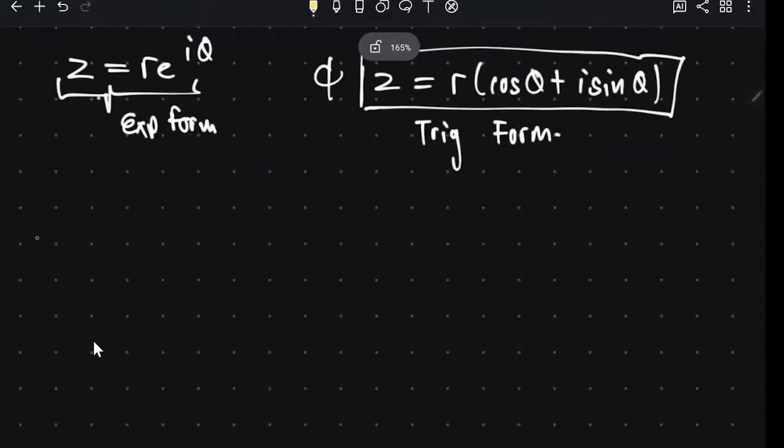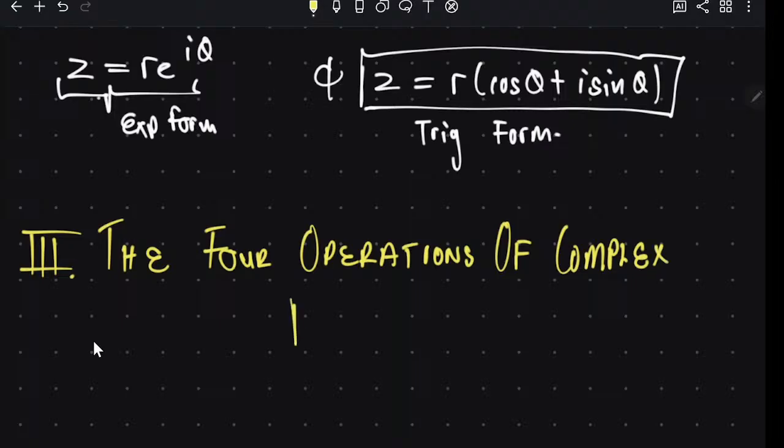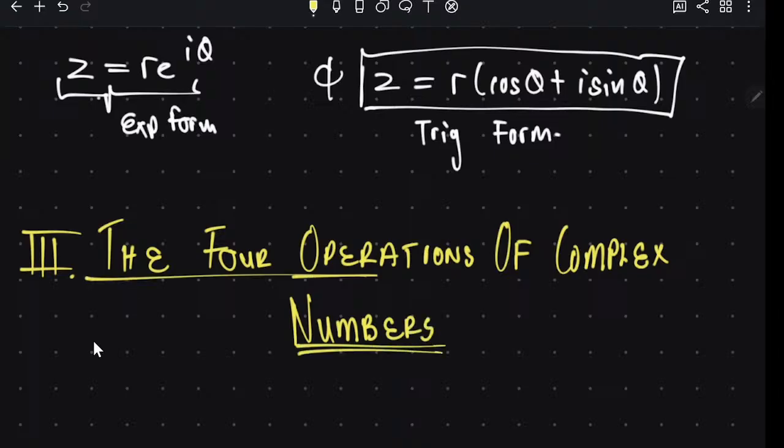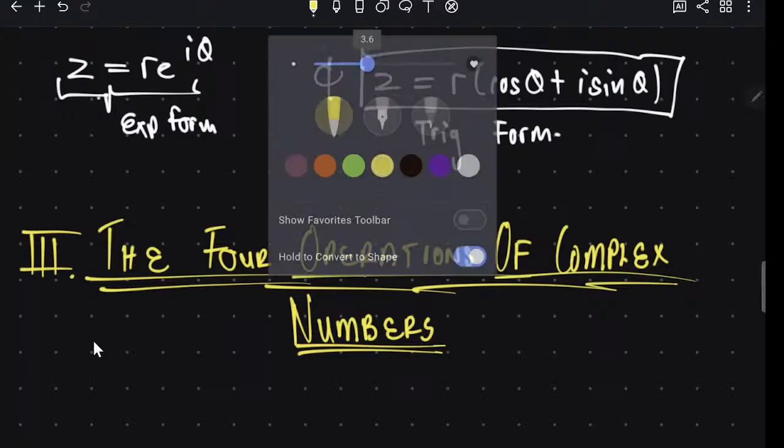We now want to do part 3, which is the 4 operations of complex numbers. How do you do the 4 operations?